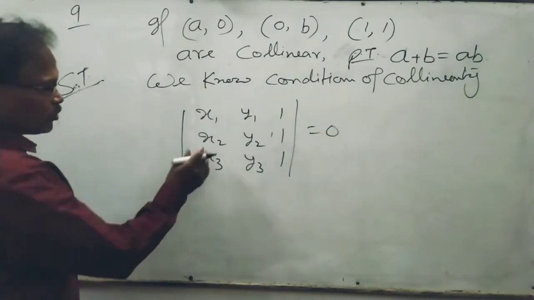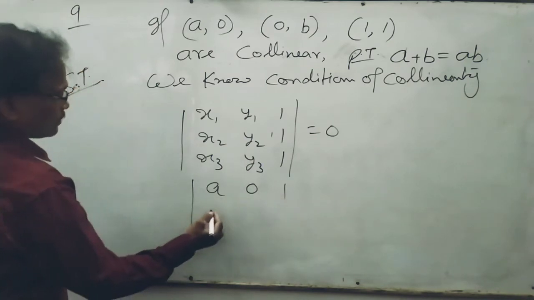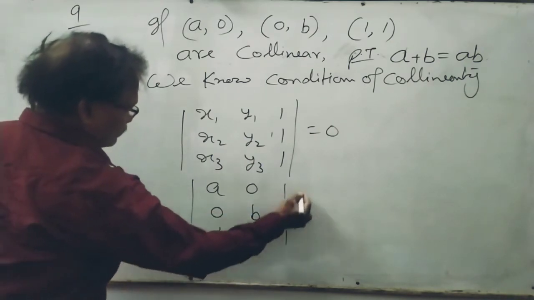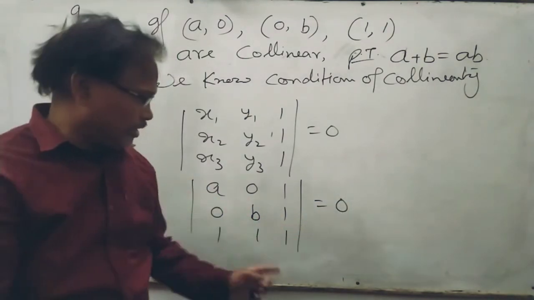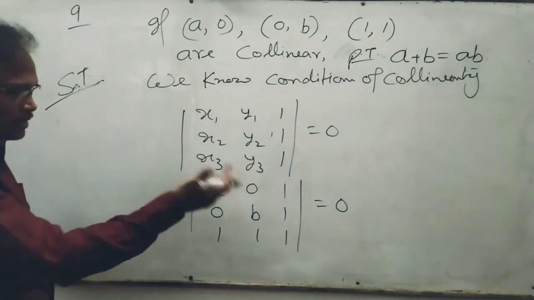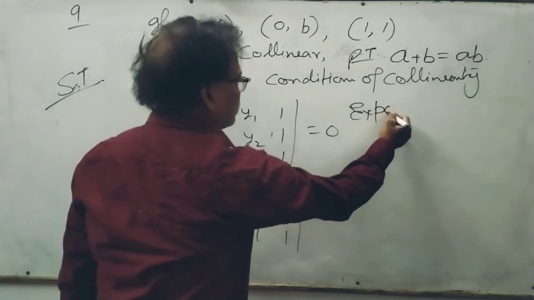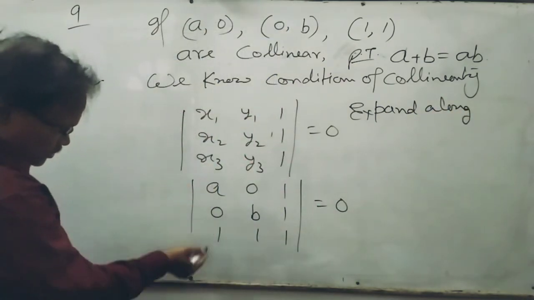Okay, so put the values: A comma 0, 0 comma B and 1 comma 1, and then simplify, expand. How will we expand? You can expand along C1.